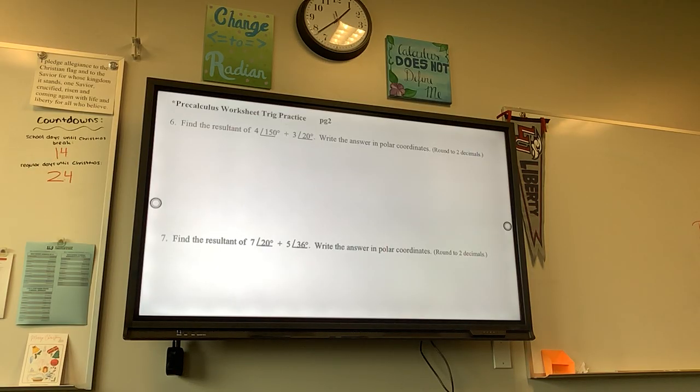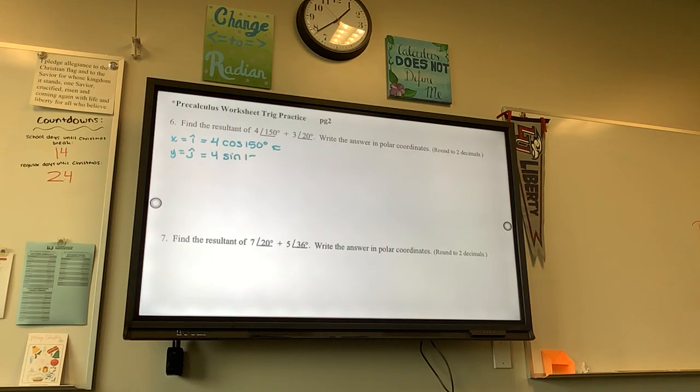So we're about to have a whole bunch of numbers here that we're just cranking out, where to find the X, which is the I hat, what trig function goes with X? Cosine. So we write 4 cos 150. And then for the Y, what goes with Y?